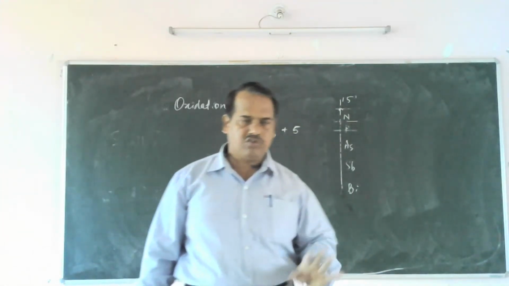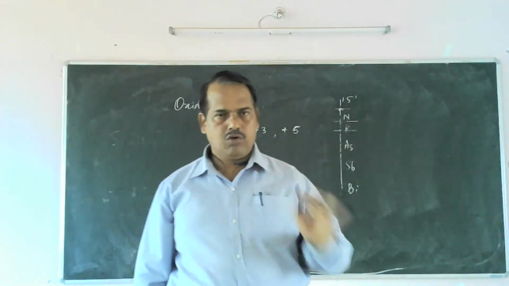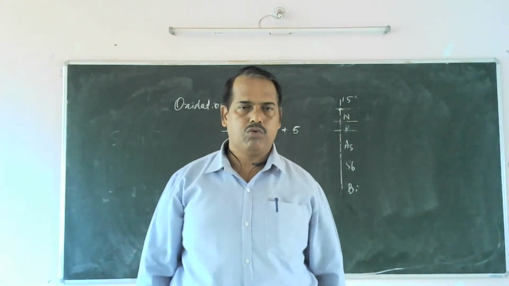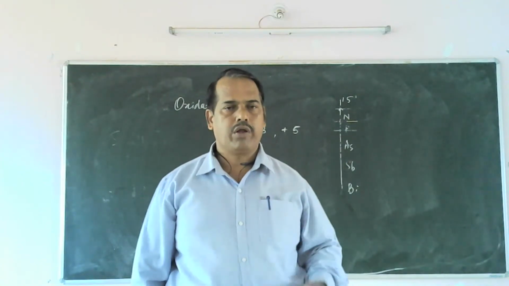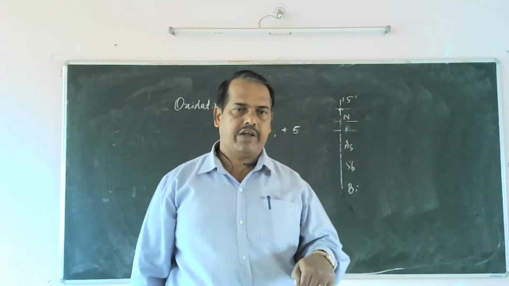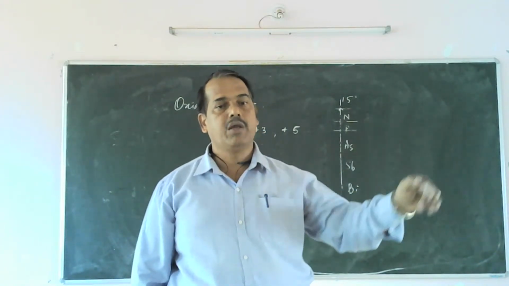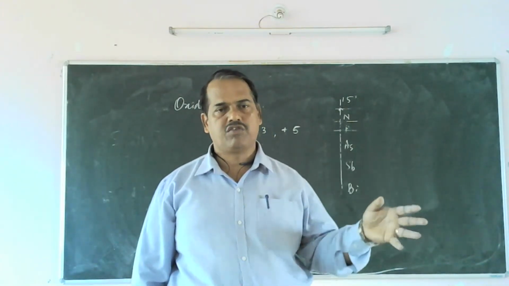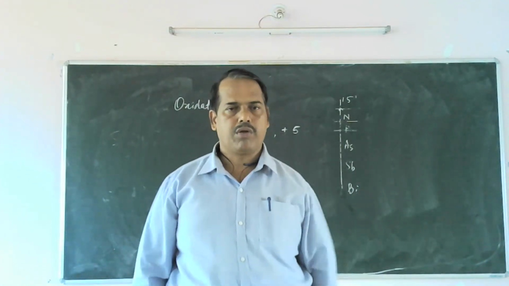So the different oxides of nitrogen: NO, nitric oxide, nitrogen dioxide NO2, N2O4, N2O3, N2O5. From all these oxides, nitrogen shows variable oxidation states. We can find in nitrogen +1, +2, +3, even +4.